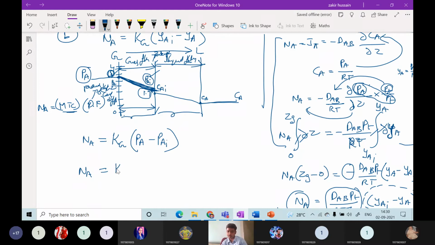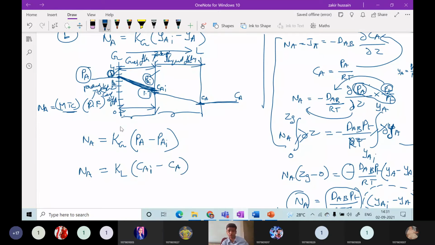It is an individual film only, so we write KL. Which is bigger here, CAI or CA? CAI is bigger. So directly we can write CAI minus CA.